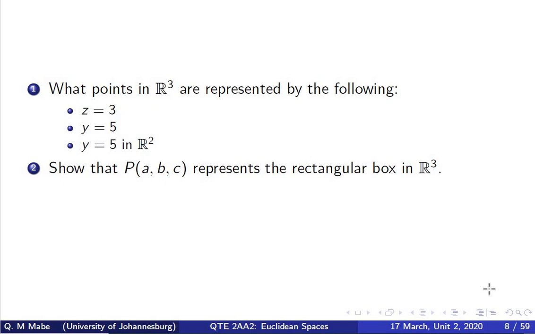As you can see, when y is just 5, it means your x-axis as well as your z-axis are equal to 0. So y will just be a plane that cuts through y equals 5, whereas y equals 5 in R2 is just a line that cuts through the y-axis at y equals 5.